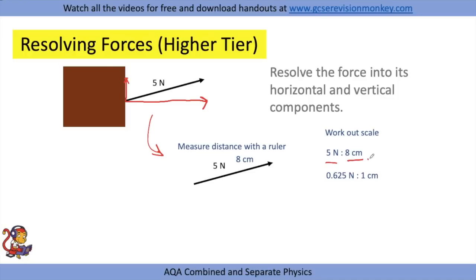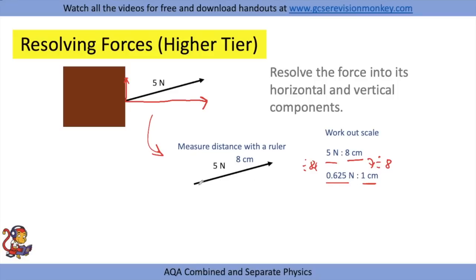And if we divide both sides by 8, that will make this 1 centimetre, because 8 divided by 8 is 1, and that will make this 0.625 newtons. So now you've got your scale, you know that every 1 centimetre equates to 0.625 newtons.